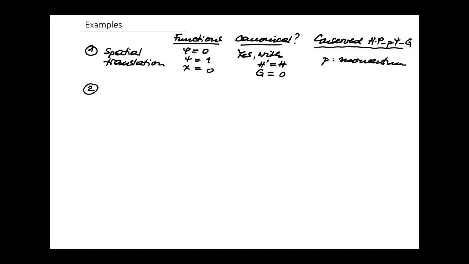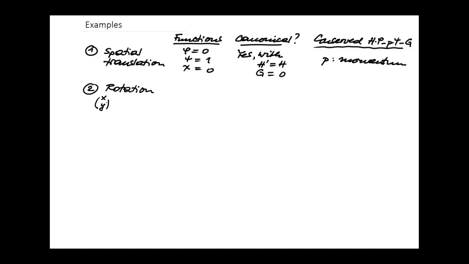Consider next invariance under rotation in space. What does a rotation do in Cartesian coordinates? A rotation transforms, and let me say that I rotate around the z-axis. So the z coordinate remains unchanged, but the x and y coordinates are transformed.